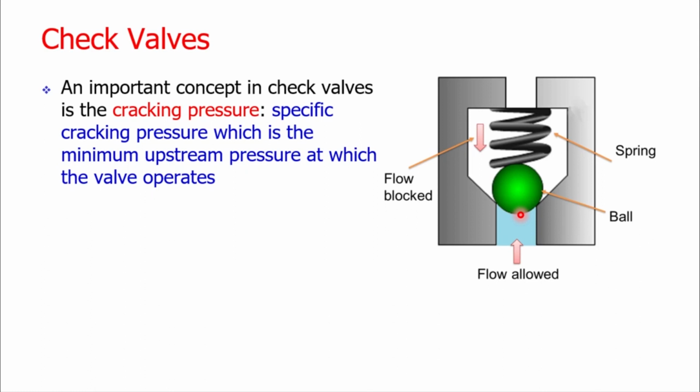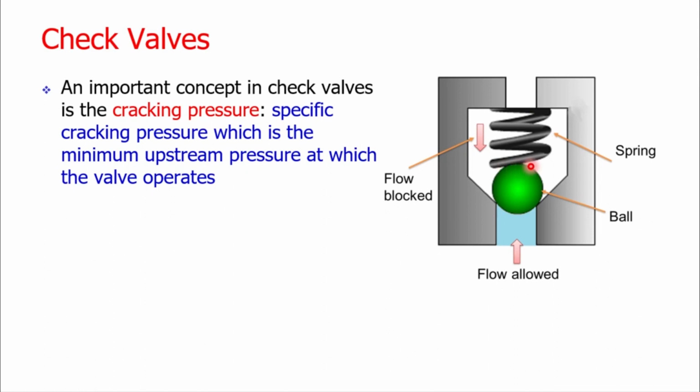So formally we can define the cracking pressure as a specific pressure, or the minimum upstream pressure at which the valve is operating. The pressure in the upstream direction at which the valve is operating is nothing but the cracking pressure, and that cracking pressure is dependent upon the stiffness of the spring.